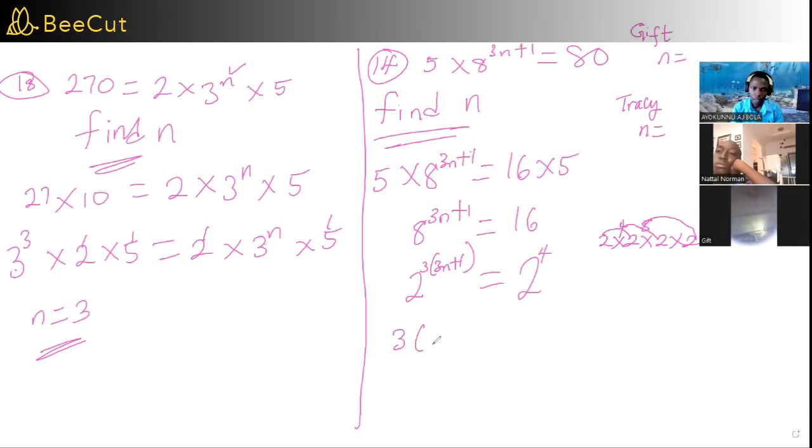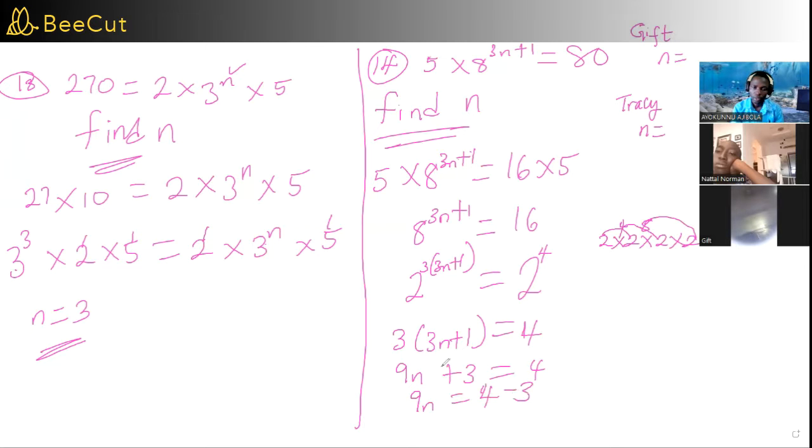I will say 3 into 3n plus 1 equals 4, which is the power. Then I can open the bracket and say 3 times 3 is 9n, then 3 times 1 is 3. Then I have 4. Then I can say 9n equals 4 minus 3.